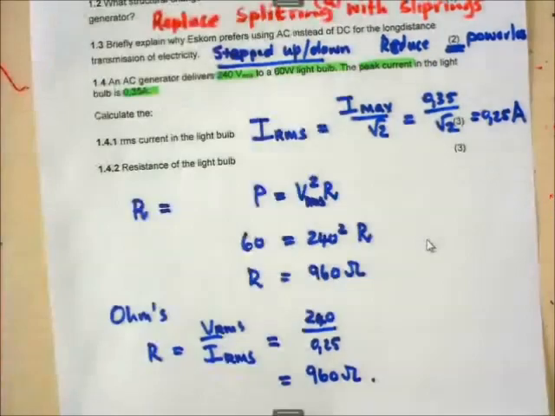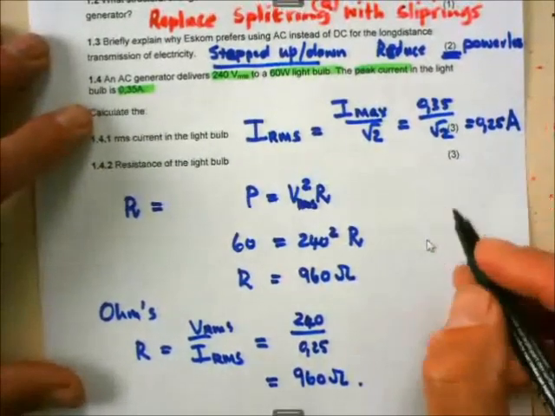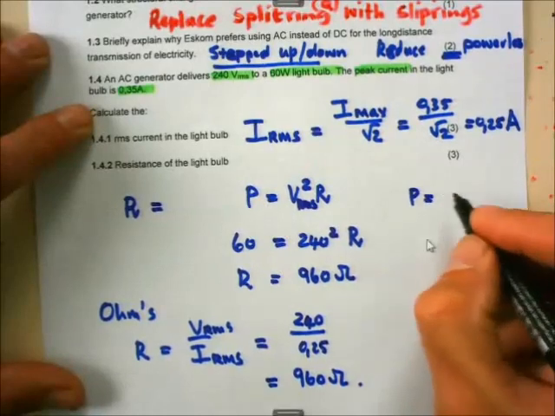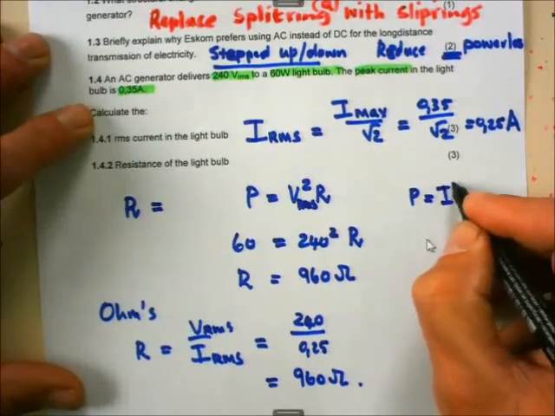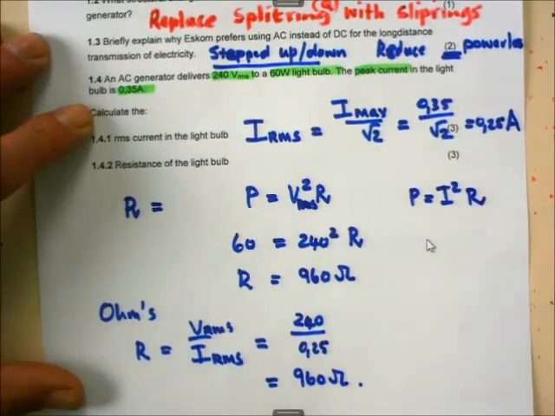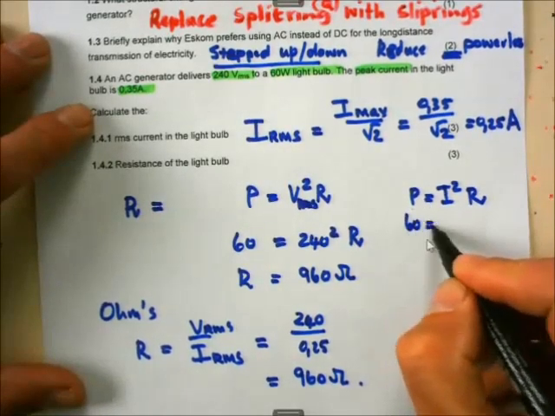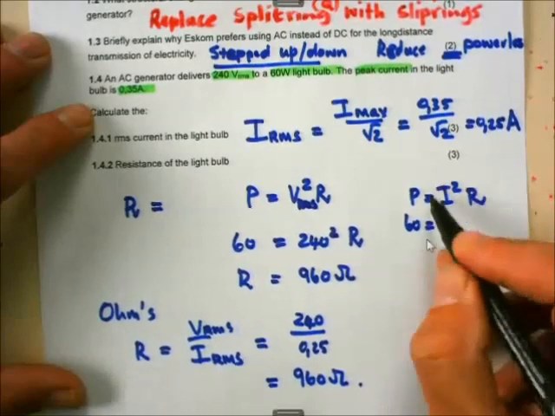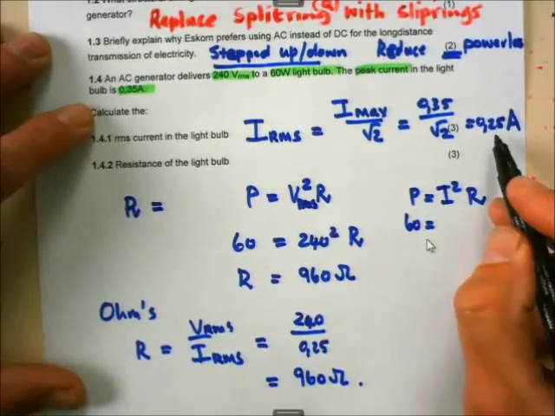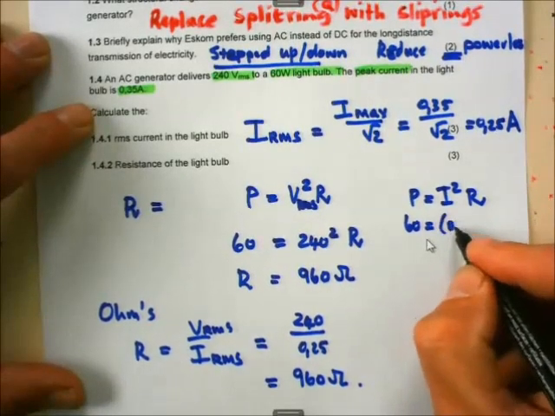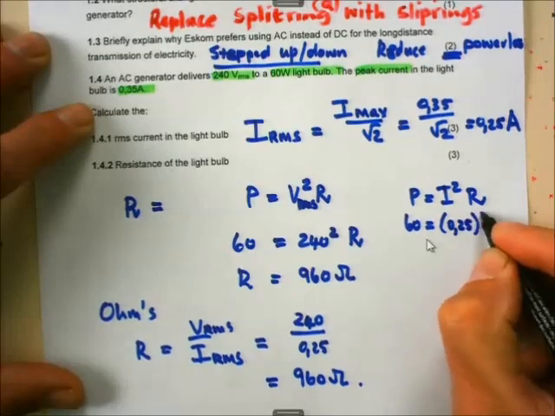More than one option. There was a third one. P equals I squared R. Now, the P is 60. That I should be the root mean square value. And I've calculated that. So that should be 0.25, which I'm squaring.